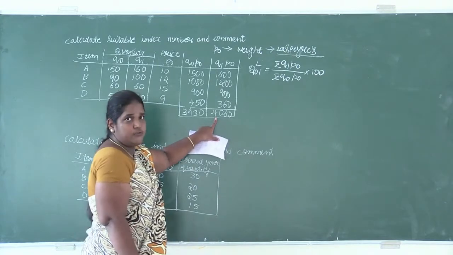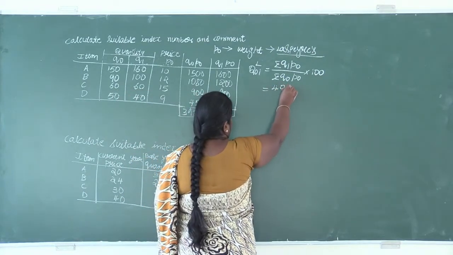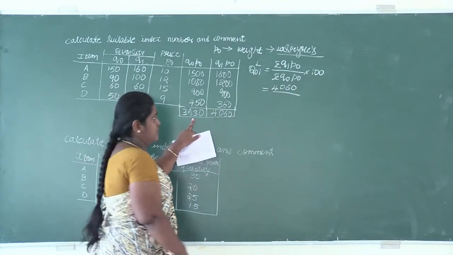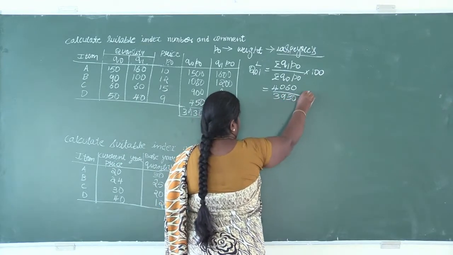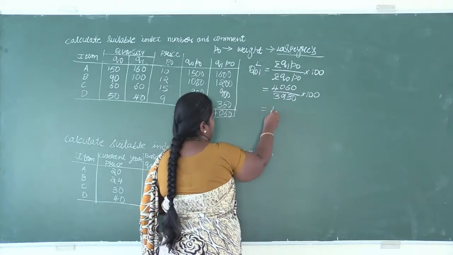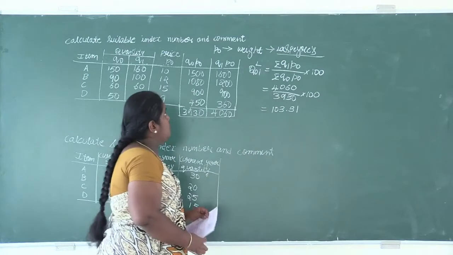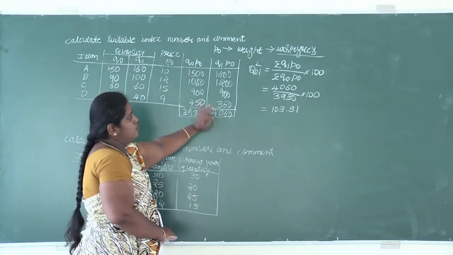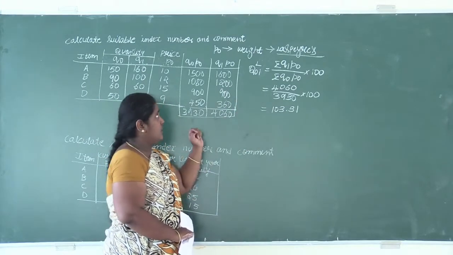Q1 P0 is 4060 divided by Q0 P0, which is 3930, into 100. So divide, multiply with 100, we'll get 103.31. And the question was calculate suitable index number. So we have calculated the index number, last year's quantity index number.